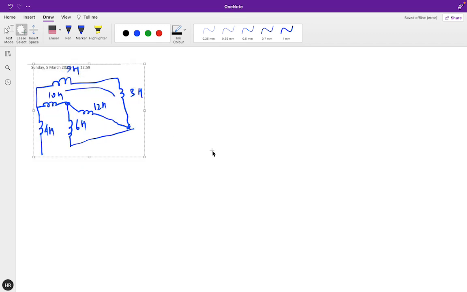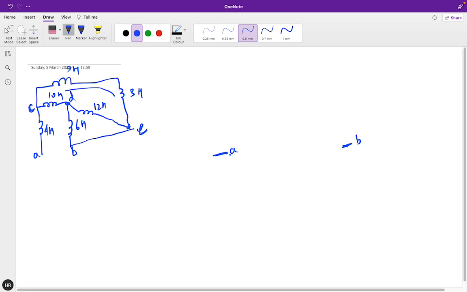For solving this kind of question we know a very beautiful thing. See, you are assuming A, B, C, D and E here. Make A point here and make B point here. So from A to C, how many inductors are connected? 4 Henry.